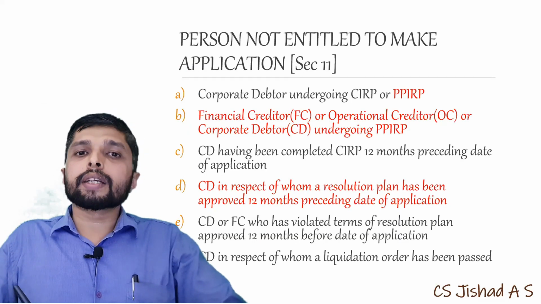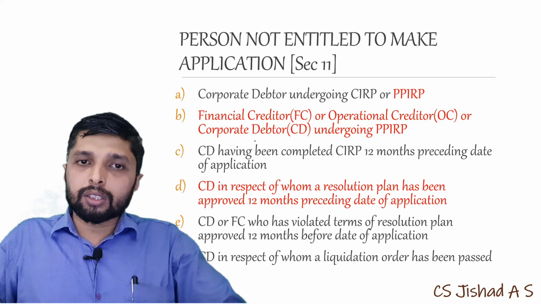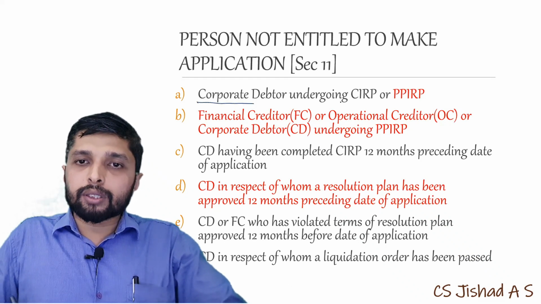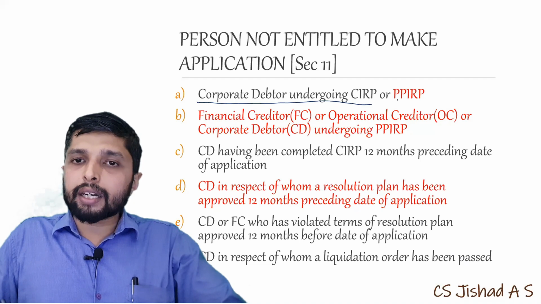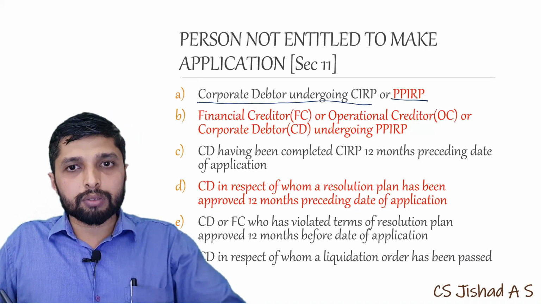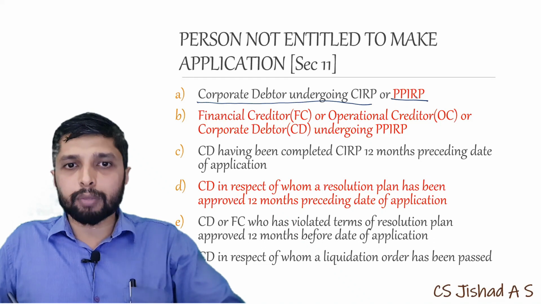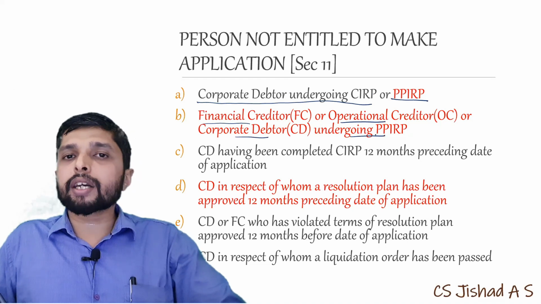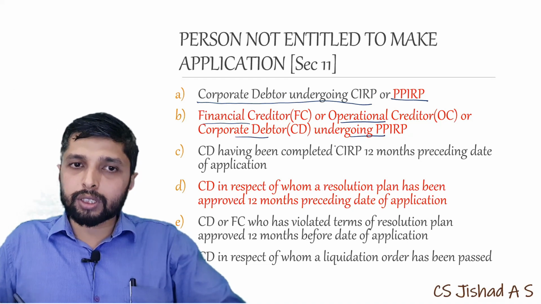So persons not entitled to make application. First, a corporate debtor undergoing corporate insolvency resolution or pre-packaged insolvency resolution process, which I have given in red, is the amended part. Number 2, financial creditor, operational creditor or corporate debtor undergoing pre-packaged insolvency resolution process.